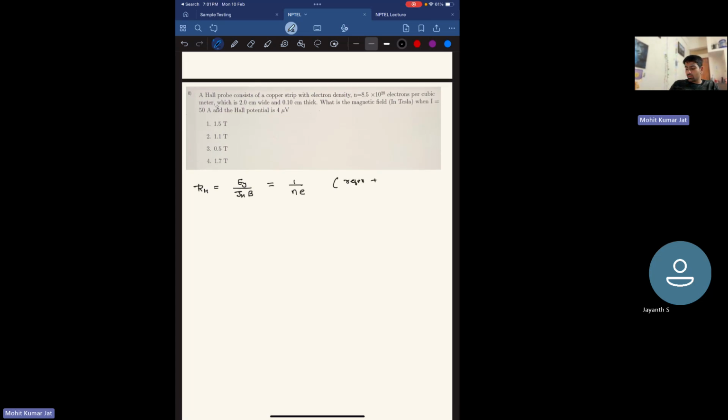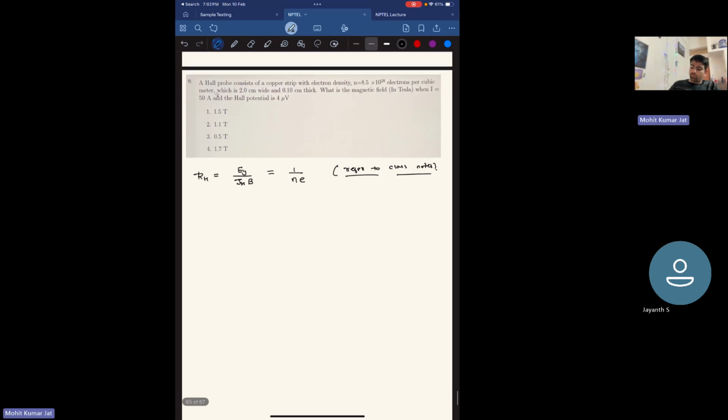Refer to class notes. So RH is EY by JX by B, that is equal to 1 by NE. Now what they are asking is what is the magnetic field. So let's just solve this equation. B will be JX by EY and E.